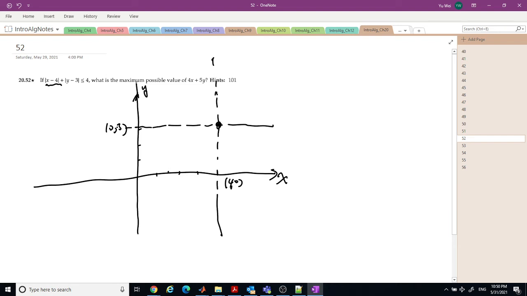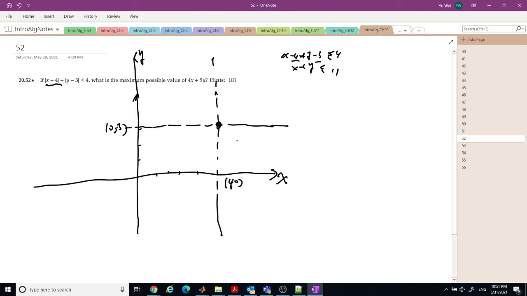Okay, let's do the first section. So we have x minus 4 plus y minus 3 is equal to 4, less or equal than 4. So x plus y is less or equal than 11.